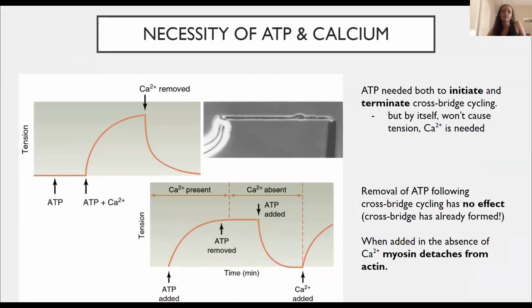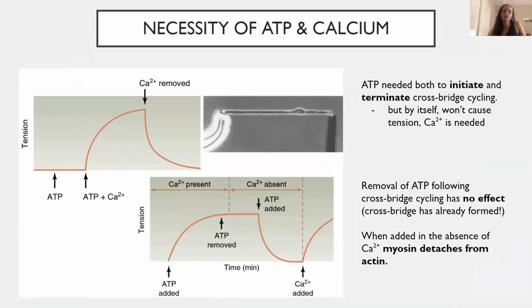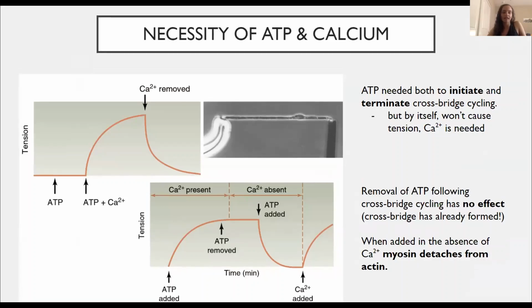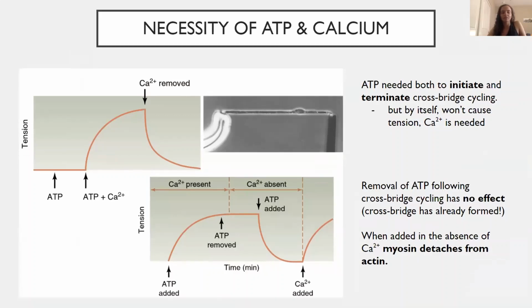As you can see from the first graph, when we first have ATP but we don't add any calcium, it's going to be at a baseline level, because without calcium, the contraction would never be able to happen. But once we add calcium in the presence of ATP, we can see the tension rise. But then once we remove calcium, it'll drop all the way back down because it will undergo relaxation.